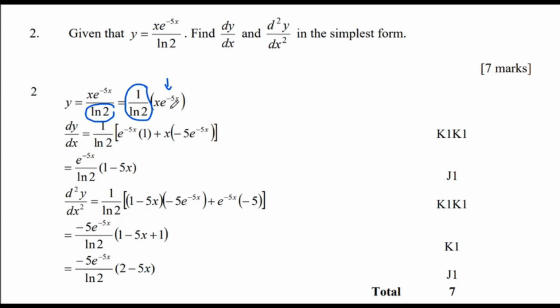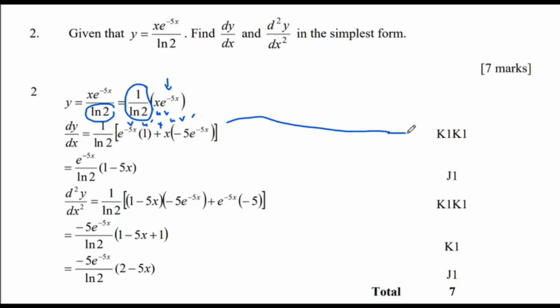So as you can see, yang ini dalam bentuk darab. So one is your u, another one is your v. Kita guna product rule. Okay. So this is your, tak kisahlah u v prime plus v u prime pun boleh, terbalik pun tak apa, tak ada masalah, as long as you guna formula yang betul lah. So v u prime plus u v prime. Okay, kat sini. So the first mark is here.